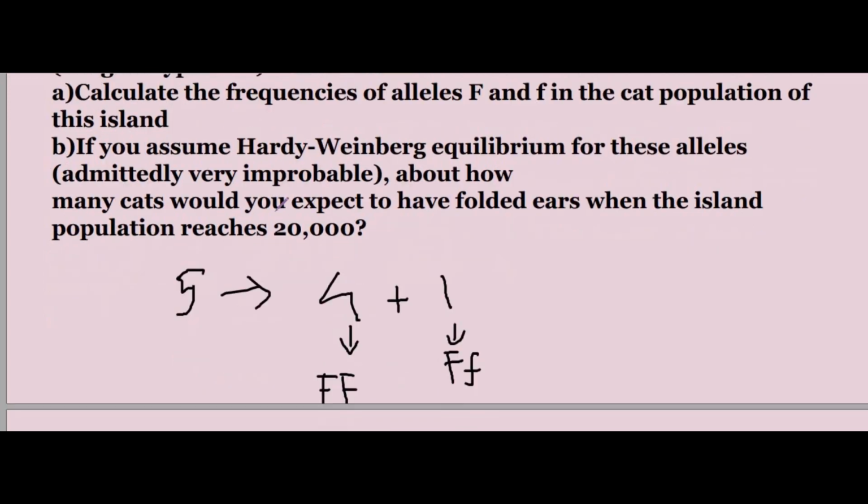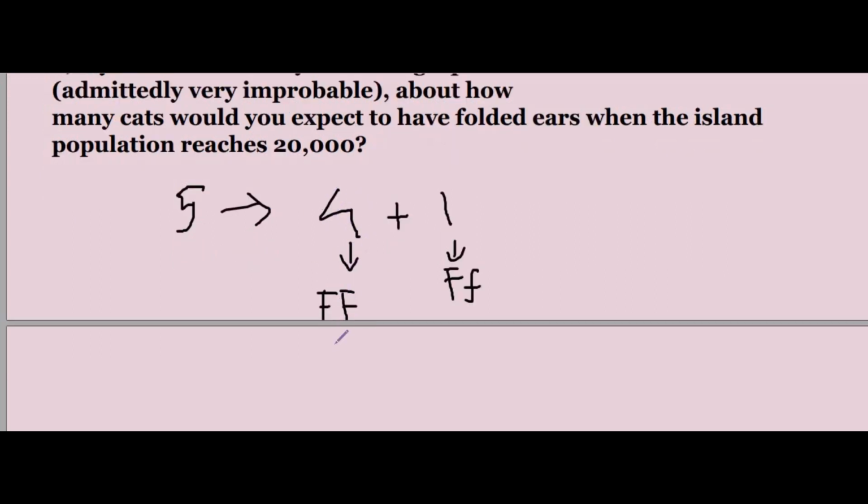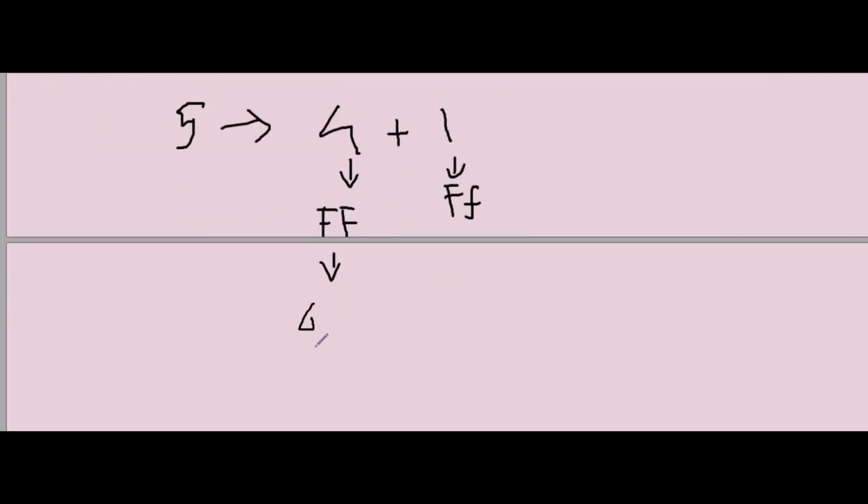population of this island. Because here capital F is 4, how many alleles will there be? We just have to multiply by 2. So it will come out to be 4 into 2, which is 8. So 8 is the value for capital F allele in this one, and in this one it has one capital F and one small f.